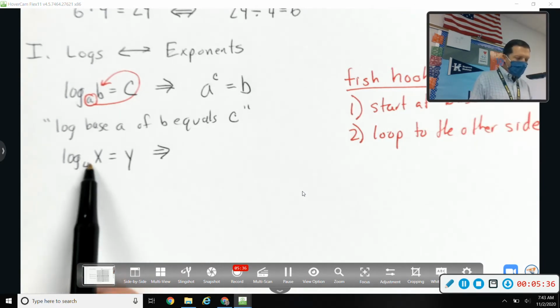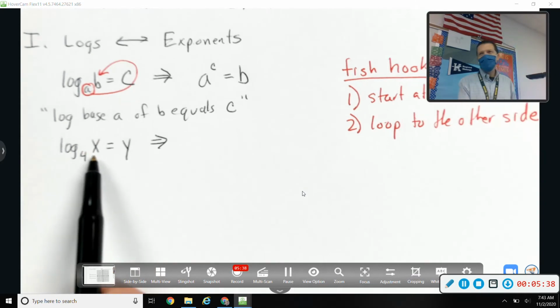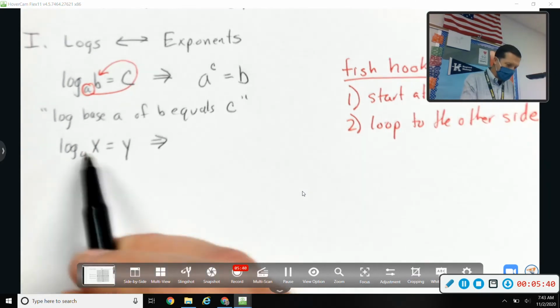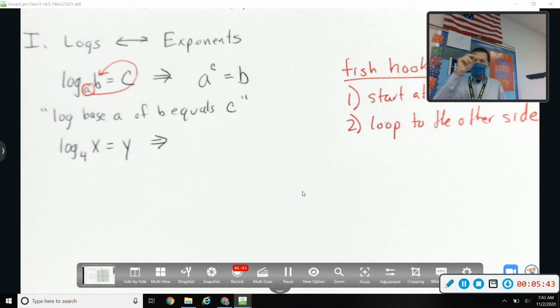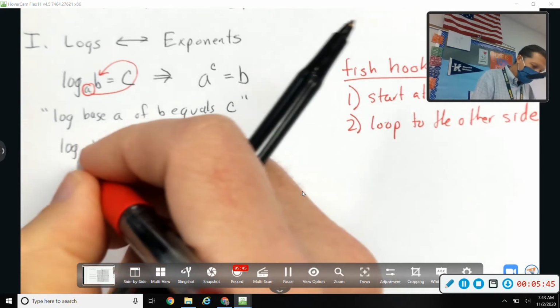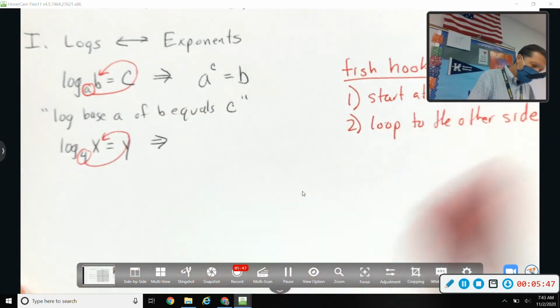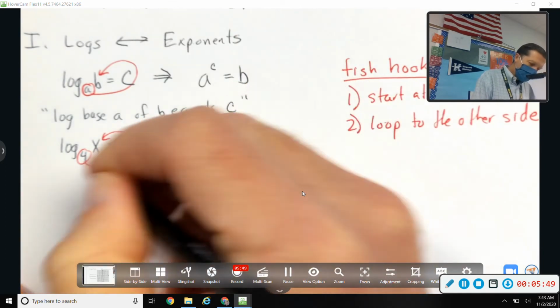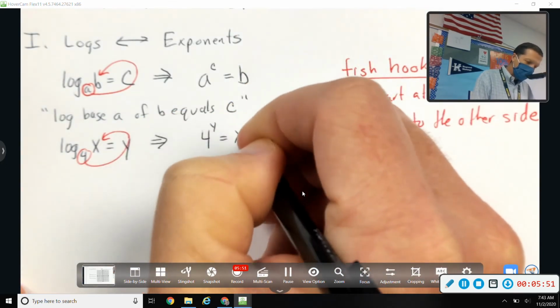Some people will physically draw the fishhook every time. Almost everybody at least kind of traces it with their pencil so they can visually see what's going on. So 4 to the y equals x.